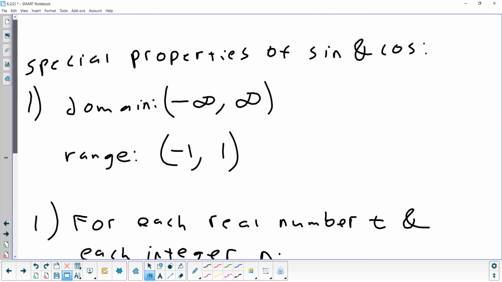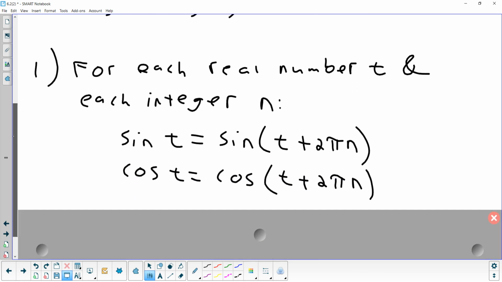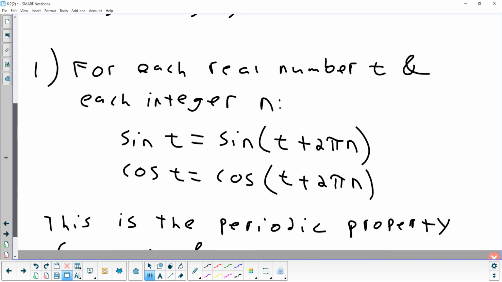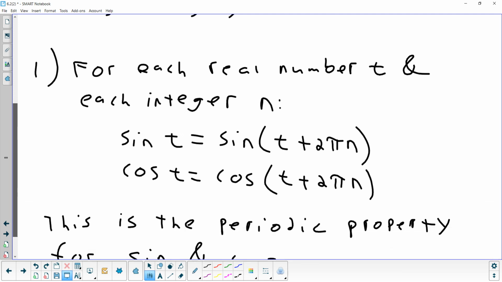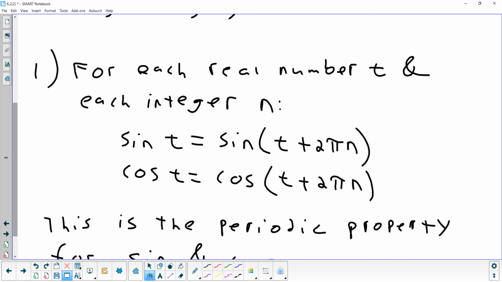These are special properties of sine and cosine. So the first one says that if you have sine of an angle or cosine of an angle, you can take that angle and you can add 360 degrees or 2 pi, and the n means it's a multiple as many times as you want.